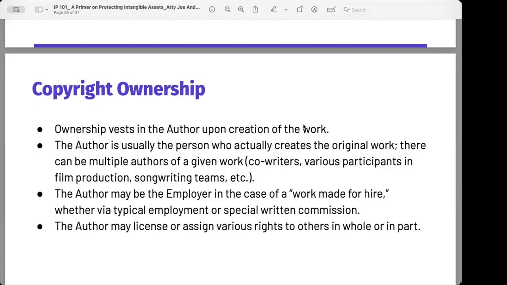But it adheres in the author upon the moment of creation. If you actually look at the copyright register's logo, it's like an old fountain pen poised sort of in the air. And if you ask a copyright practitioner, they'll tell you it's coming off the page because what is written has been completed and the pen is actually coming off the page. So that's when copyright occurs.